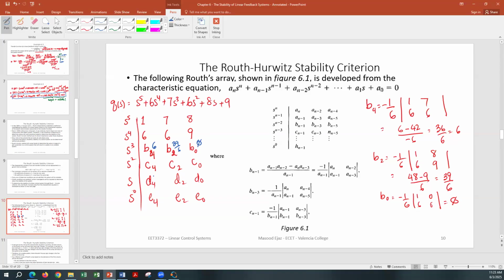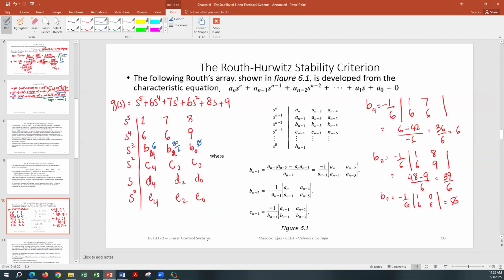And similarly, you're going to calculate C4, C2. In this case, C4 is going to be negative 1 over 6, and the determinant of 6 and 6, and 6 and 39 over 6. And then C2 is going to be negative 1 over 6, and the determinant of 6 and 6, and 9 and 0. And C naught will be 0. And likewise, D4 is going to be negative 1 over C4, determinant of B4 and C4, and B2 and C2.